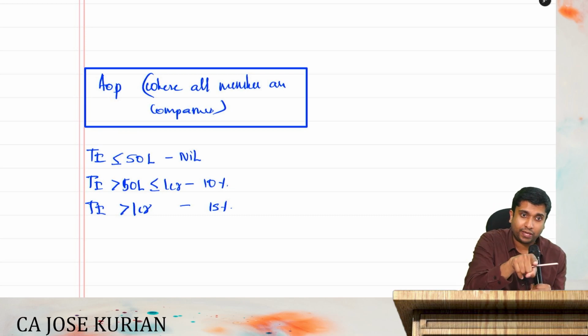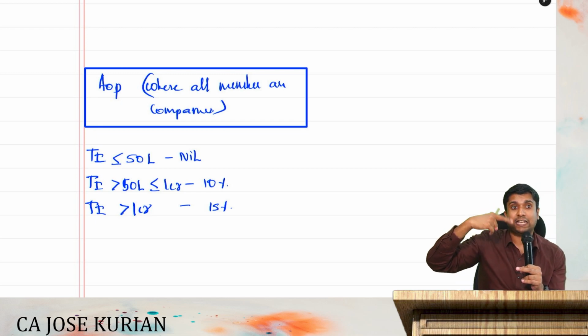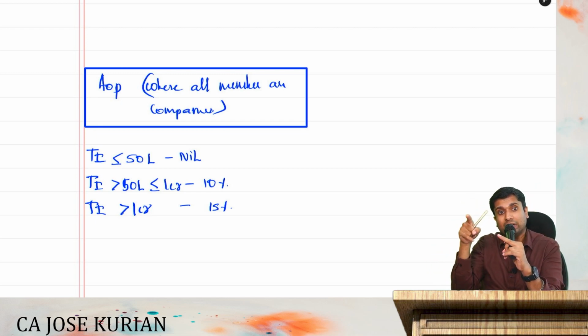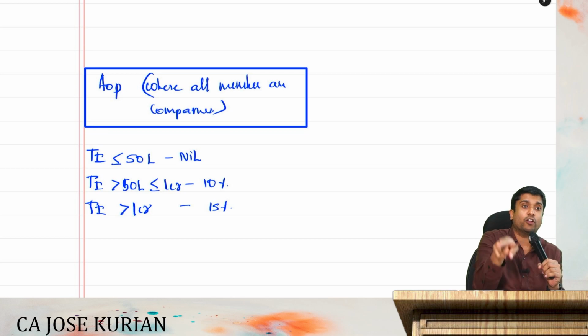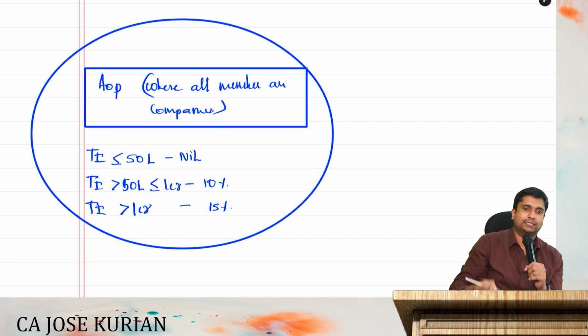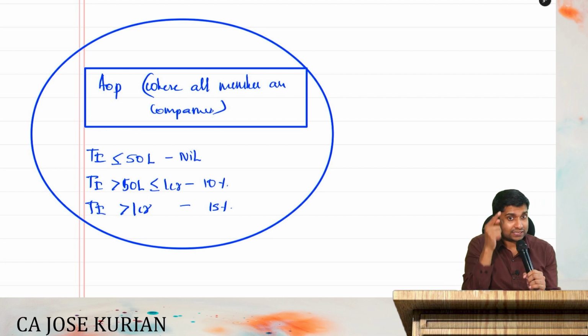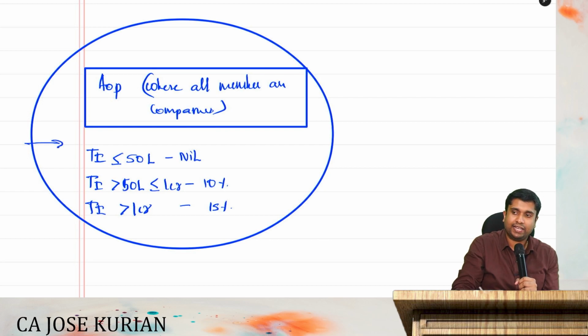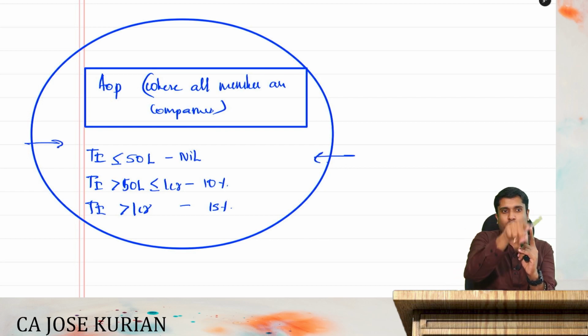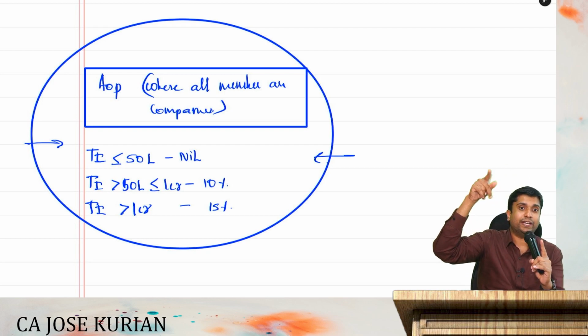If you are an AOP where all of your members are companies. And the 25 and 37 is applicable for an AOP if your members are other than companies. If all of your members are companies, then the surcharge flowchart will be like this. Are you with me? If any one of your members is other than company, then the surcharge liability will be 10, 15, 25, 37.